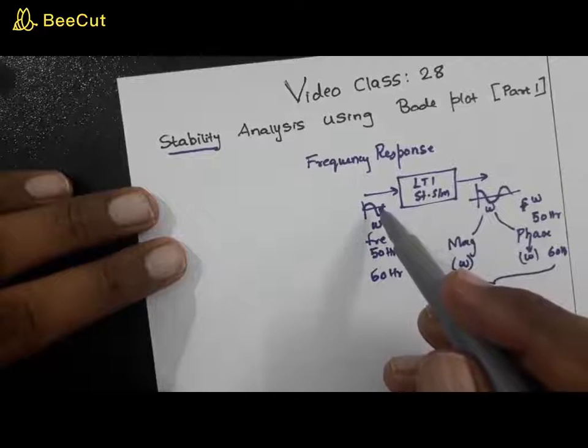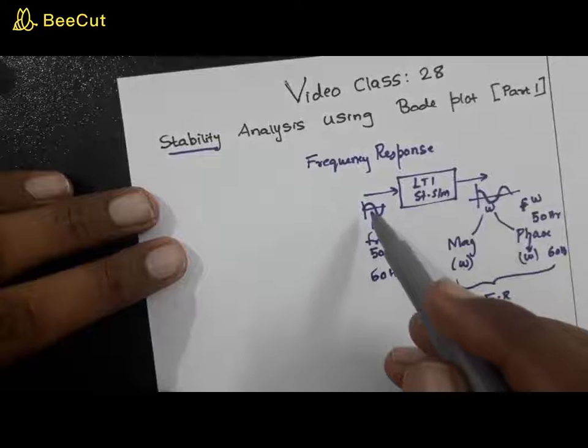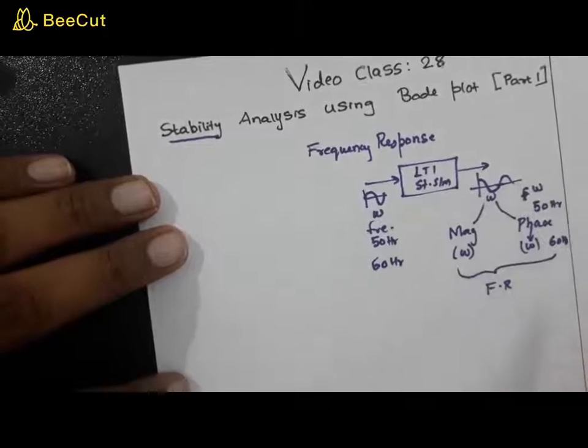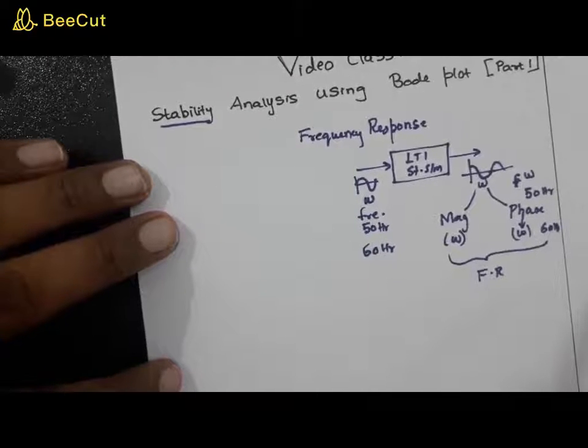Remember, for a linear time invariant system, the output has the same frequency but differs in magnitude and phase.